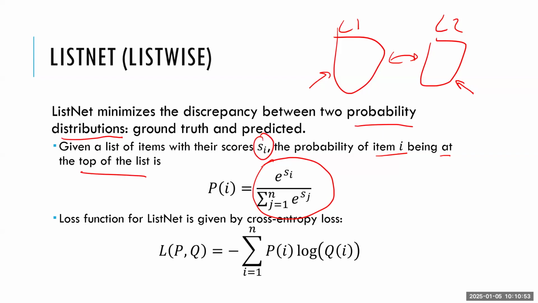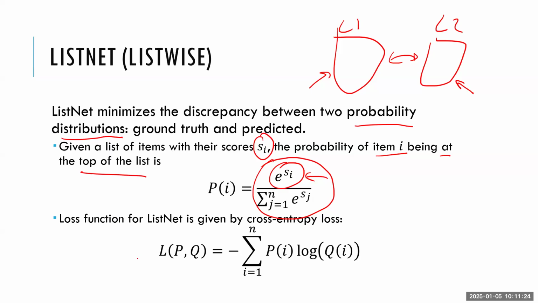And if you want to calculate the probability of this particular item to be at number one in the list, you would have e to the si divided by the sum of e to the sj. So they use this as a representation of the probability distribution.